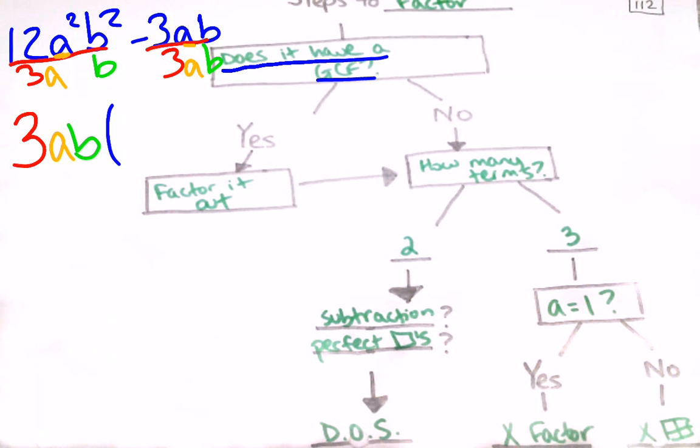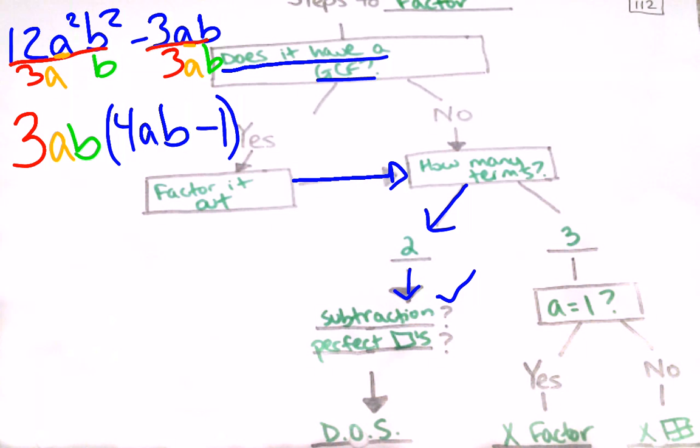Once I've divided, then I have what's left. So 12 divided by 3 is 4, a squared over a is a, b squared over b is b, minus 3 over 3 is 1, and a over a, b over b cancel. Then I've factored it out, so I say, how many terms do I have? I have 2 terms. So I see, do I have subtraction?